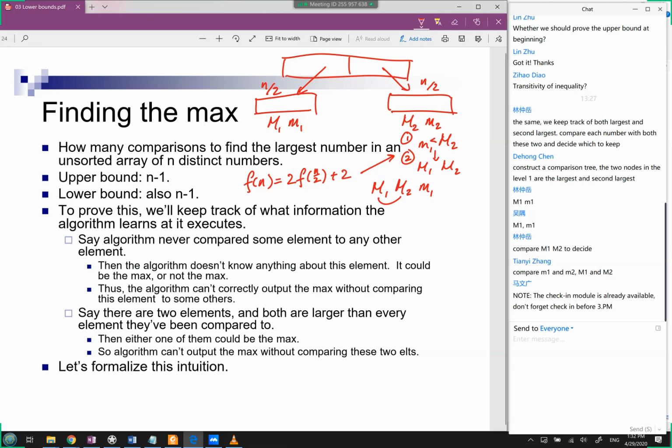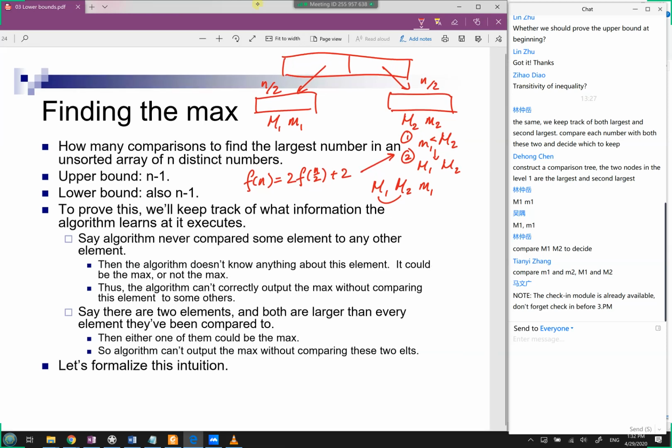So we have this recursion for the complexity. I'm not going to ask you to solve this, but the solution to this recurrence is something like 3/2 n minus 2. So this algorithm takes this amount of time to find the max and the second max.